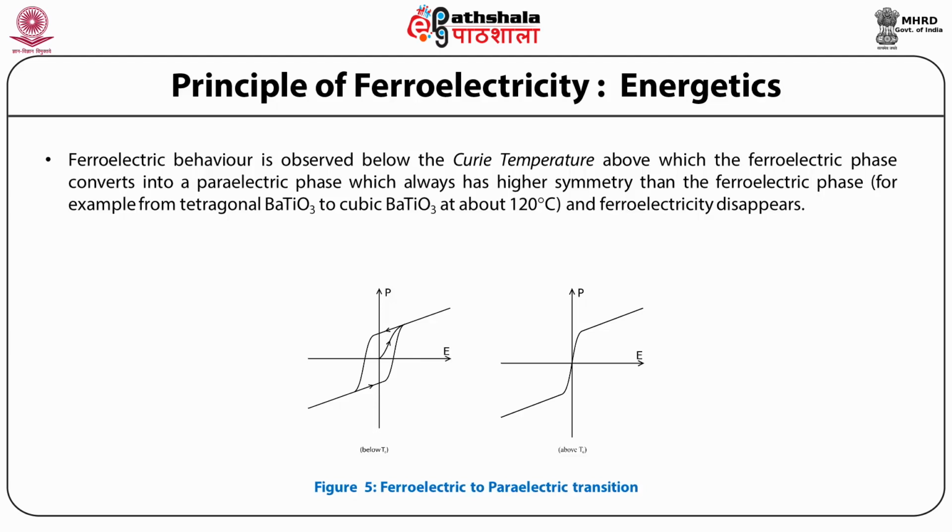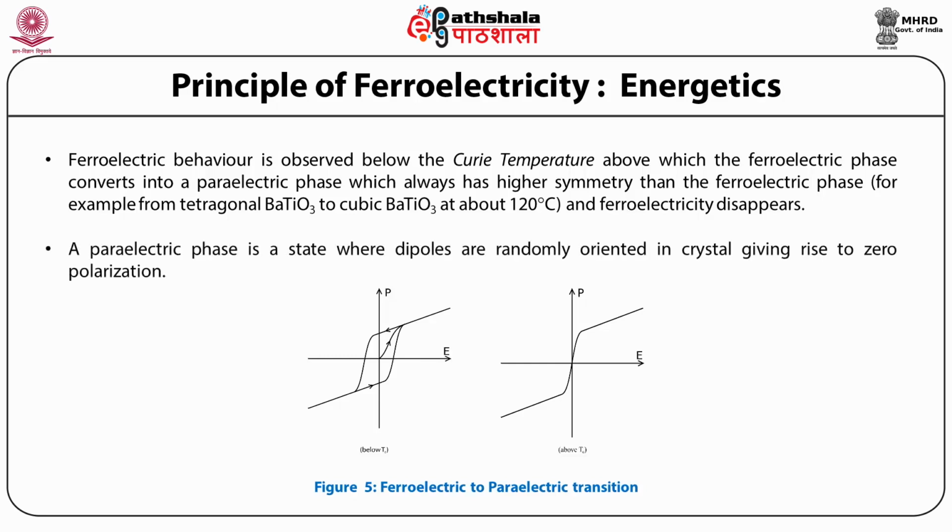For example, from tetragonal barium titanate to cubic barium titanate at about 120 degrees Celsius, and the ferroelectricity disappears. A paraelectric phase is a state where dipoles are randomly oriented in the crystal, giving rise to zero polarization.